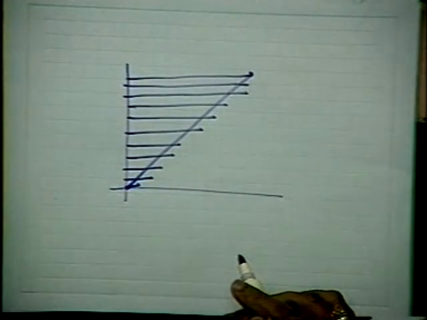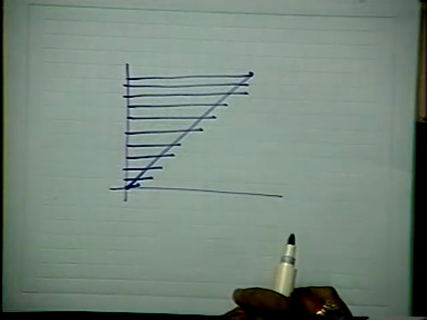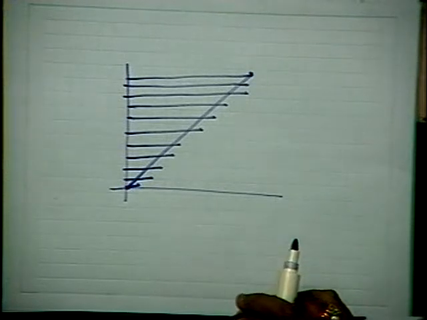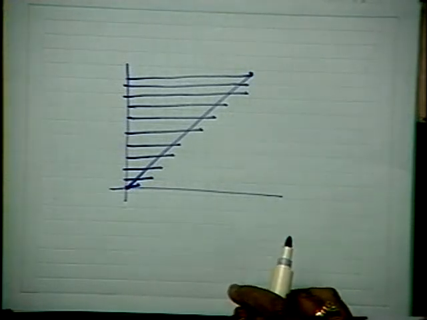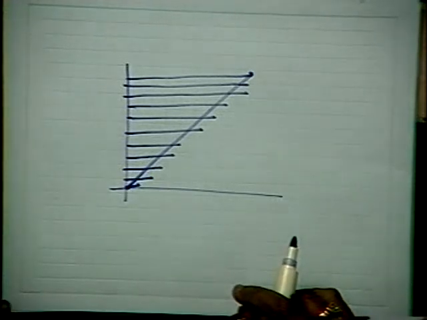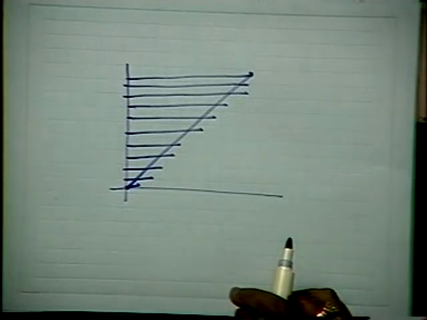If I make the step size too small, I will need a large number of gray levels, a large number of intensity levels. If I make the step size too large, I will need only a few intensity levels, no doubt, but my image will look very, very coarse.